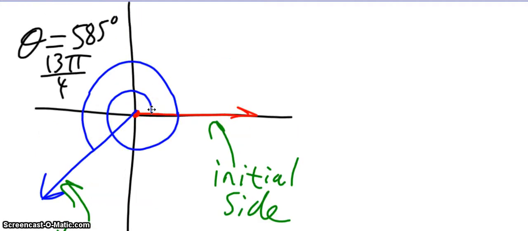We'll learn a little bit more about this coming up, but keep in mind, we're rotating counterclockwise, starting with our initial side on the positive side of the x-axis, and we rotate counterclockwise because that is the direction in which the quadrants go, right? So this is our standard form of an angle.